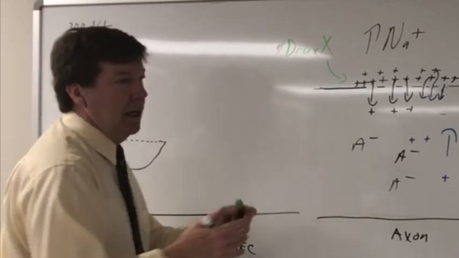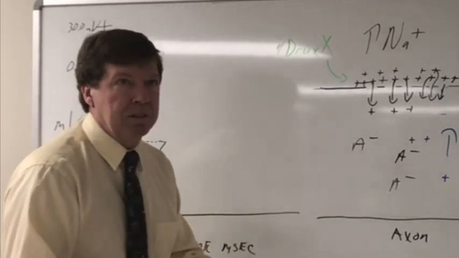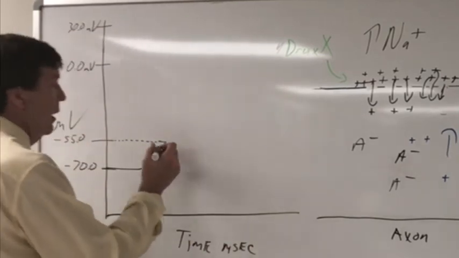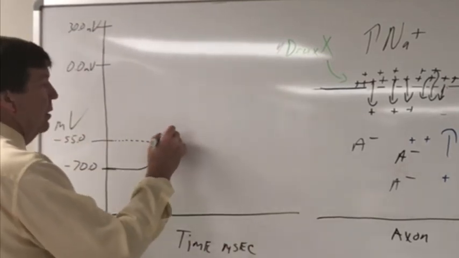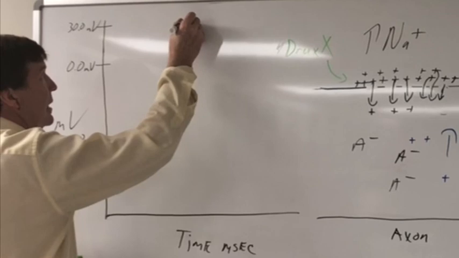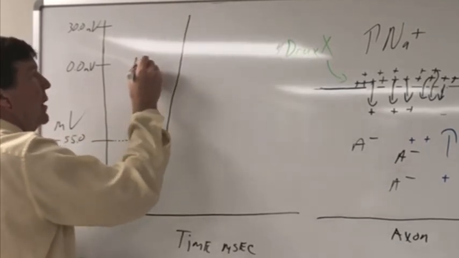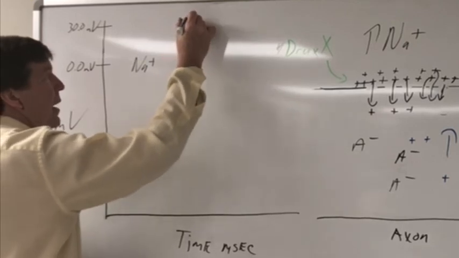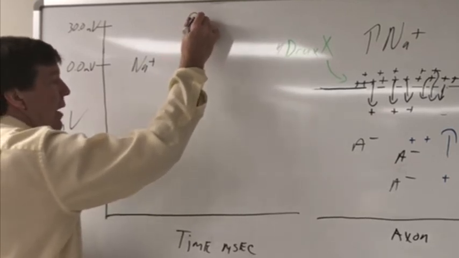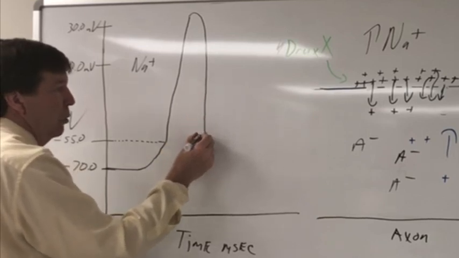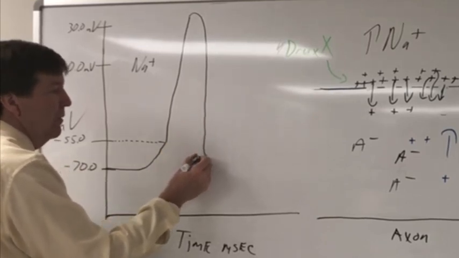And then we're going to get the same scenario of events that we've been talking about. The sodium ion gates open up. Sodium's going to rush in. Membrane becomes depolarized. Here's sodium rushing in. Then potassium is going to rush out. As potassium rushes out, we're going to get more and more negative here.